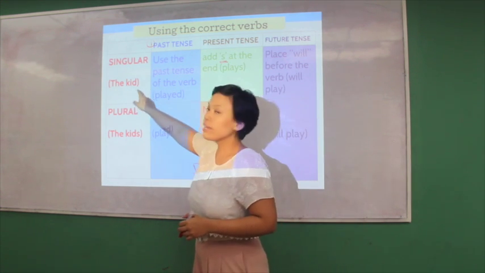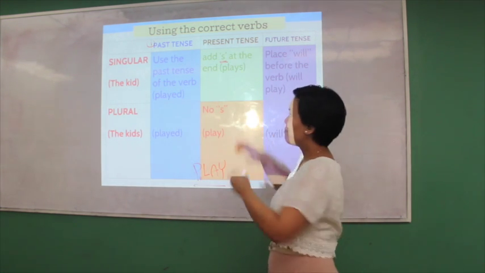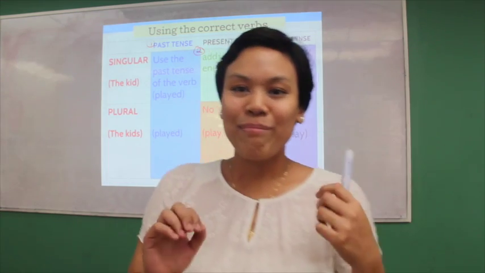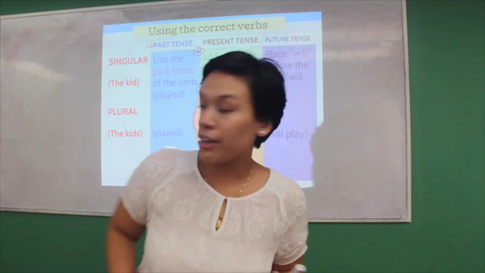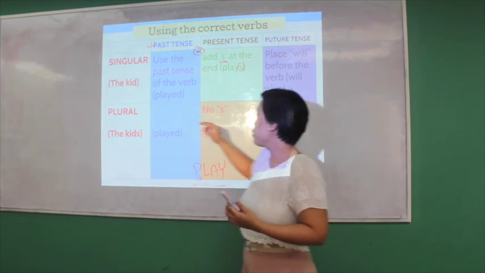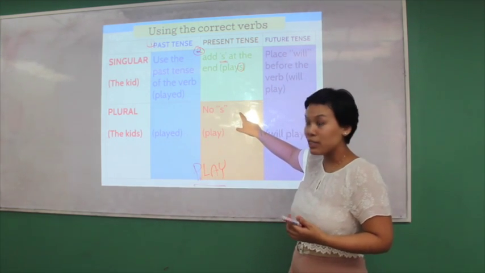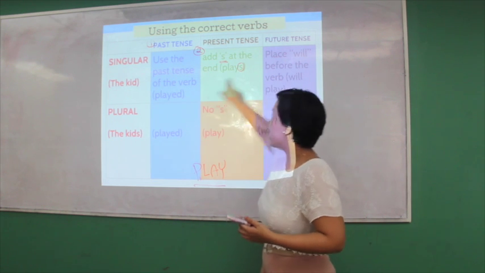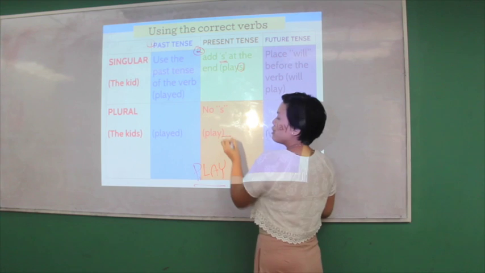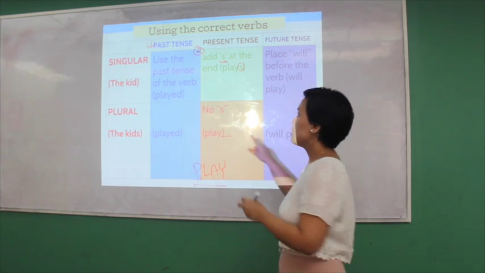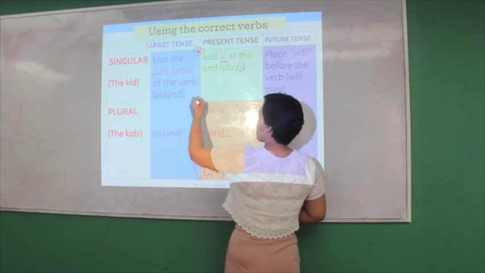For example, the kid plays. But if your subject is plural, like the kids, then your verb should have no S. So instead of saying the kids plays, you would say that the kids play. No S, right?